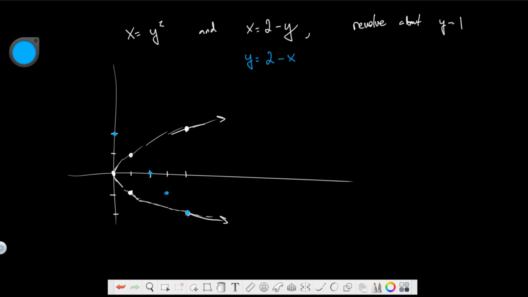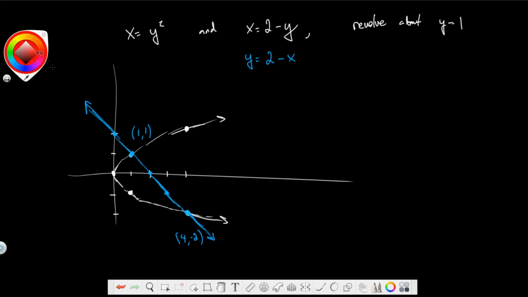Oh, and look at that, it intersects perfectly. If I needed to find out when these two curves intersected, I would just set them equal. But in this case, I'm given when they're equal because they intersect at grid lines. We have (-1, 1) and down here (4, -2). Cool.